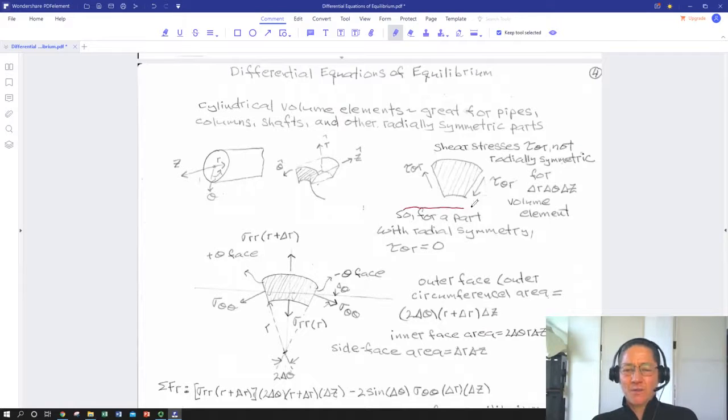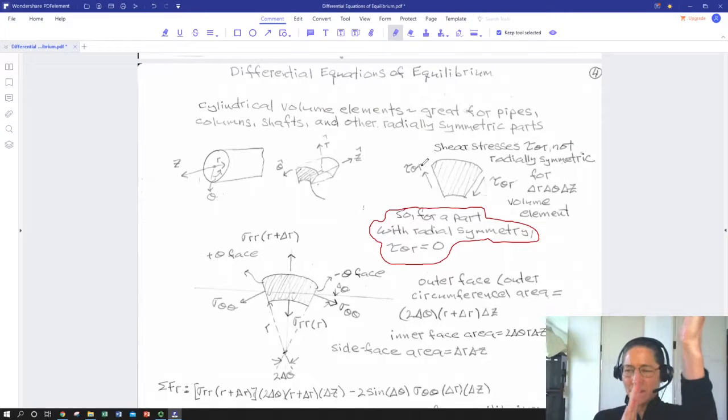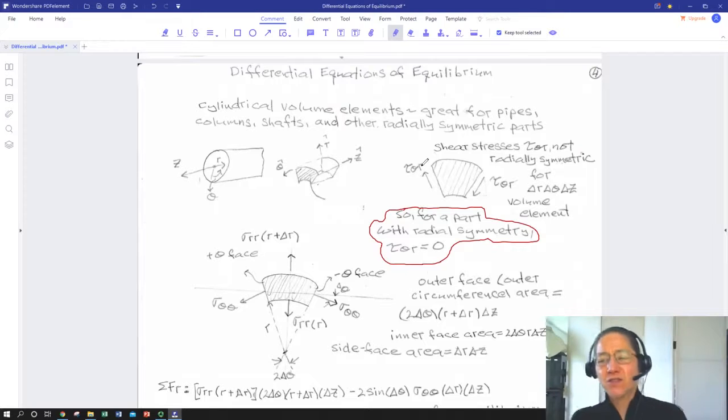So this is very important for this derivation, as we conclude that for a part with radial symmetry, the tau theta r has to be zero. So the shear stress on the theta face in the r direction is zero. So this kind of slippage that would deform the pipe outward, I guess, shear, is zero.